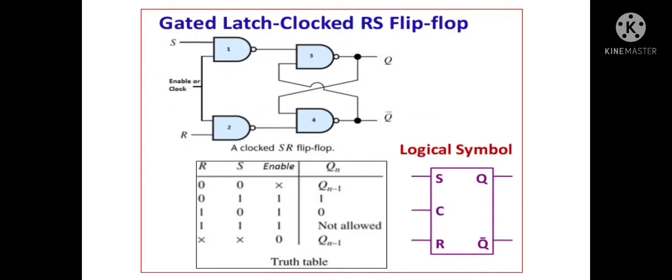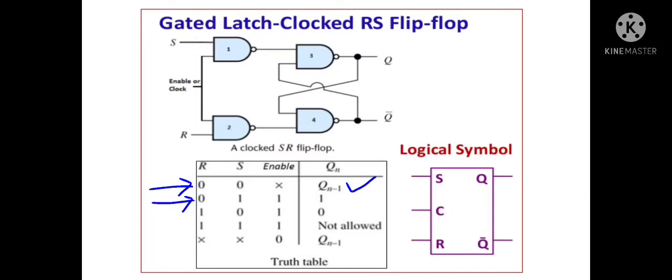If we come to its truth table, then the first condition is that both R and S are 0 0, then the output is not going to change. That means it is the last state, which is indicated as Qn minus 1. The second condition indicates R as 0 and S as 1.